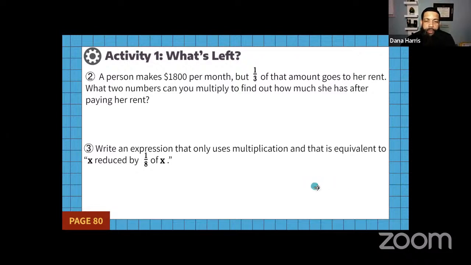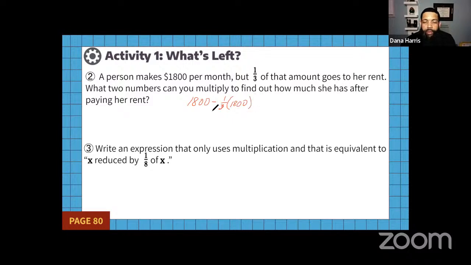It says a person makes $1,800 per month. About 1/3 of that is spent on rent. What 2 numbers can you multiply to find out how much she has after paying her rent? So 1/3 of that amount goes to rent, so 1,800 minus 1/3 of 1,800.